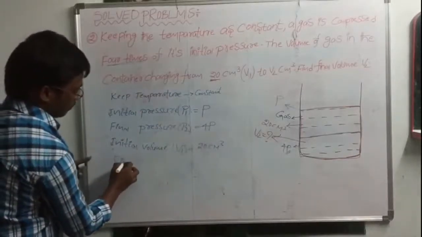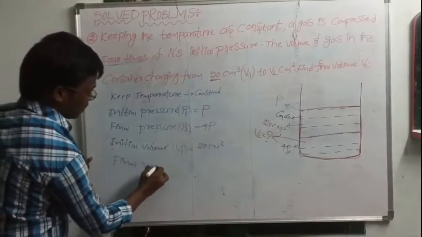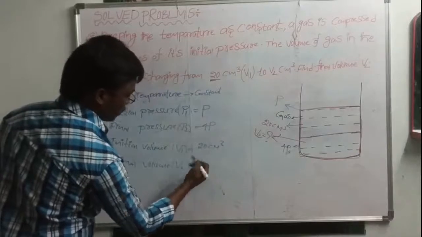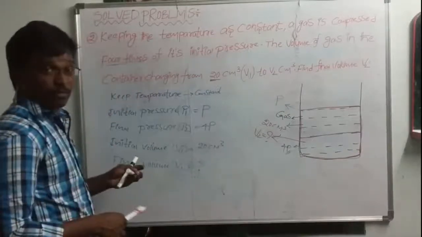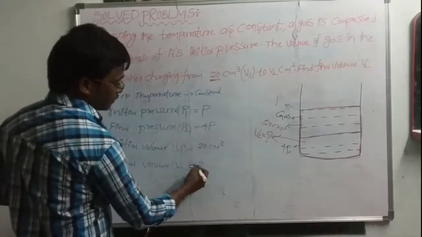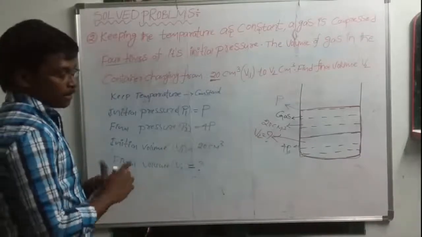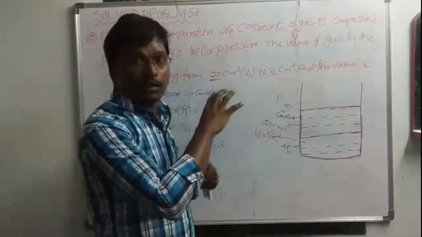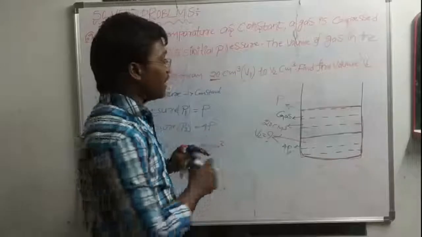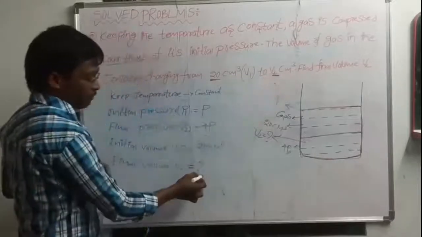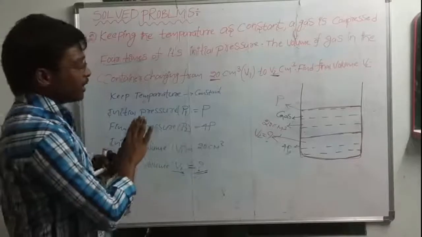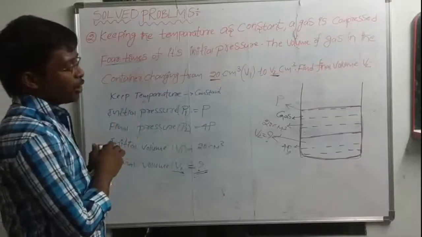Final volume V2 is equal to, we have to find. Okay, this is the given data from our question. Now we have to find the final volume V2 value.